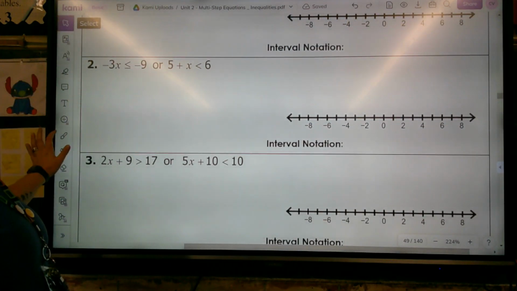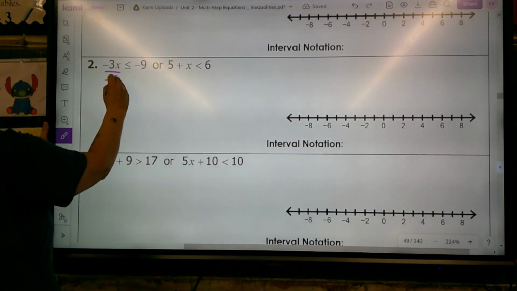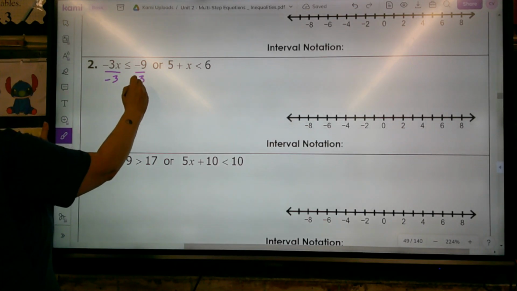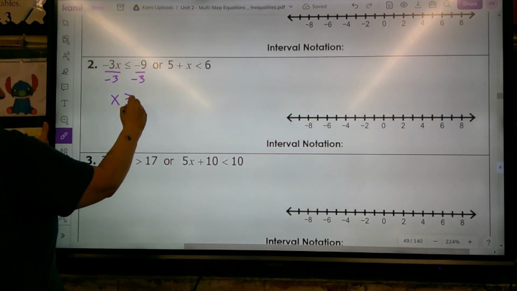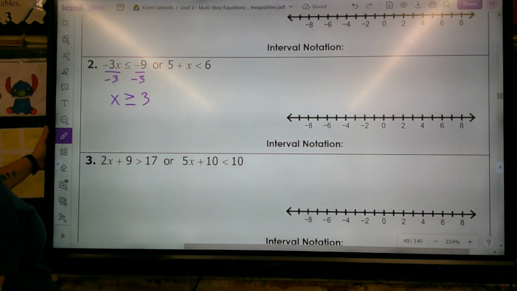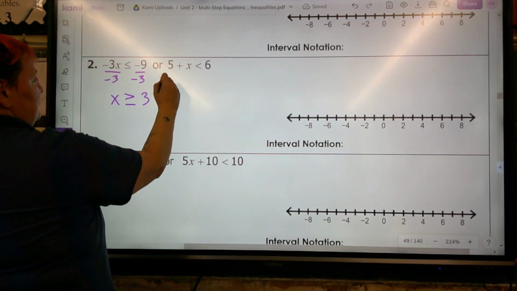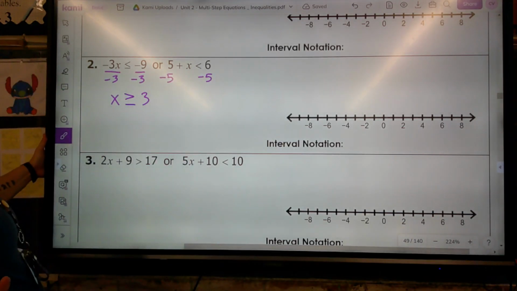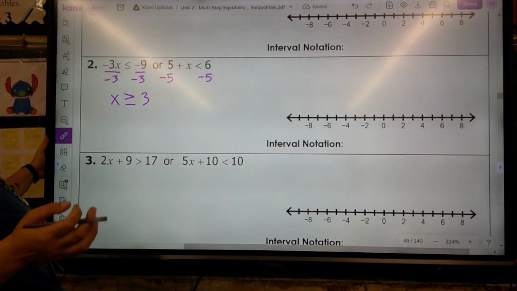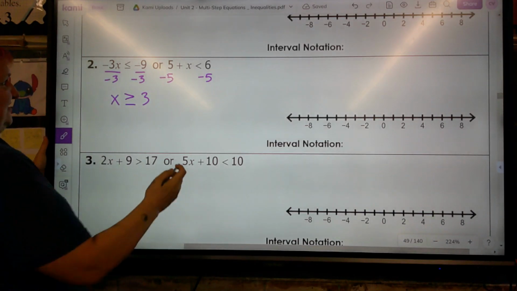Alright, let's do another one. Isolate the x. Remember, if you multiply or divide by a negative number, you're going to flip the inequality symbol. This is a +5, so we're going to subtract 5. Remember, if there isn't a sign in front of a number, you can assume it's positive. If there isn't a sign in front of a variable, you can assume it's positive.